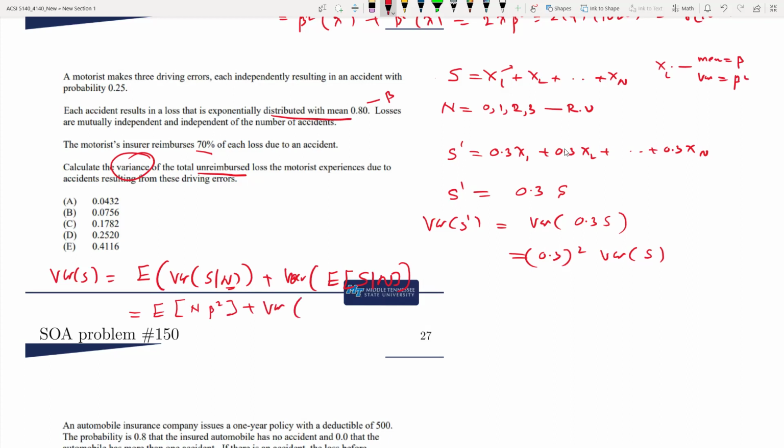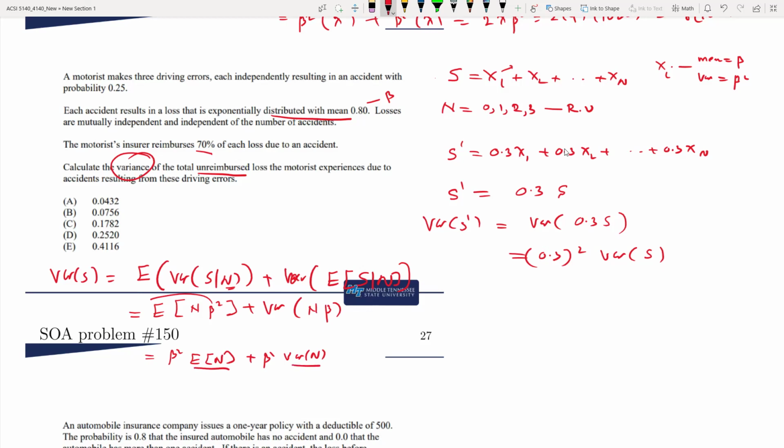Then the variance, and we fixed n, what's the expected value? That's going to be n of those, and the mean is beta, so it's n beta. So now I can take the beta squared as fixed outside. This beta becomes beta squared since we have the variance. So I need the expected value of n and variance of n.